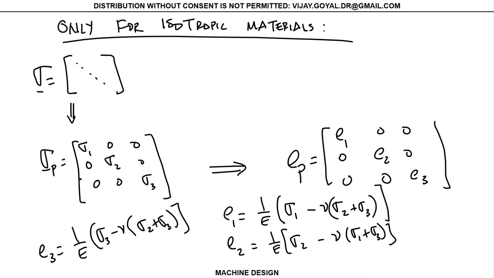For any other type of materials, if I wanted to find my principal strains, it is a lot easier to do it like that, actually. And vice versa, right? I can also go for isotropic, again, only isotropic.